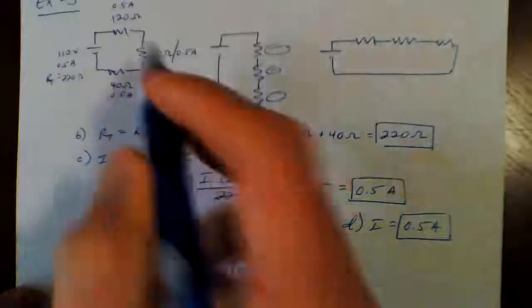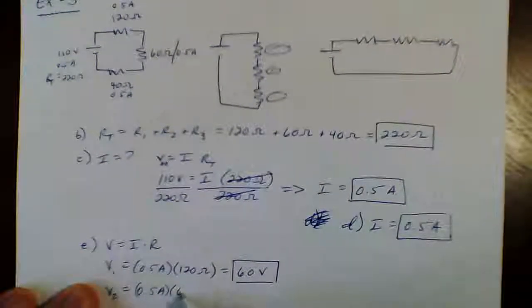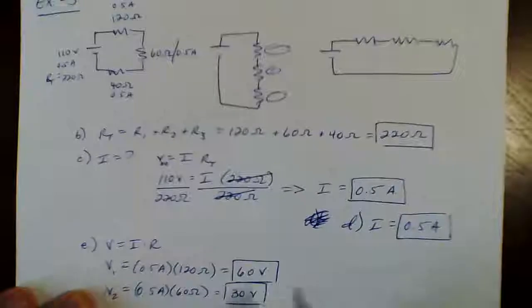So V2, we want to find the voltage at 2. Actually, let's just go ahead and say 0.5 amps times 60 ohms, which is going to give us 30 volts.